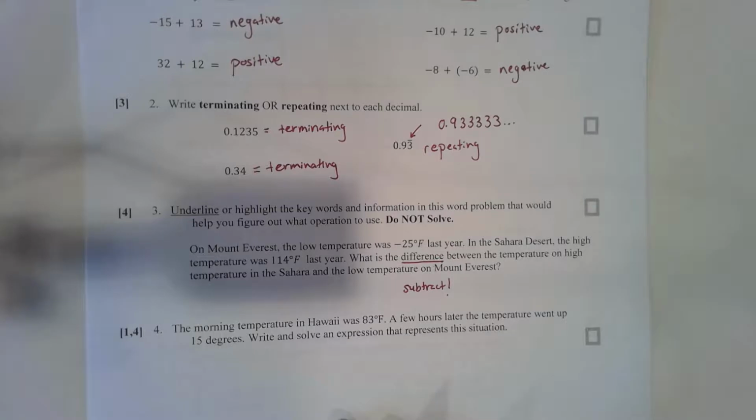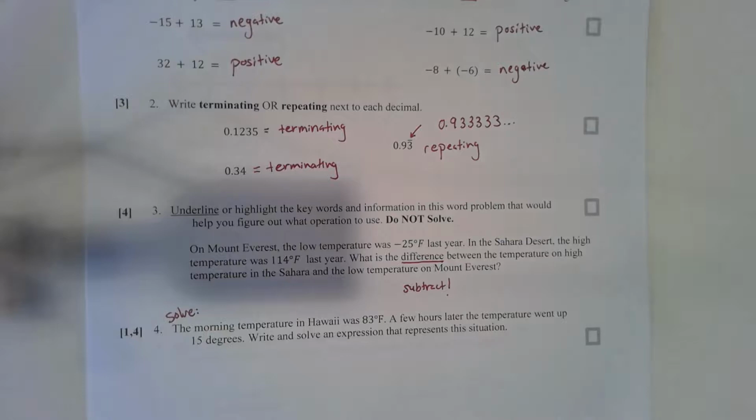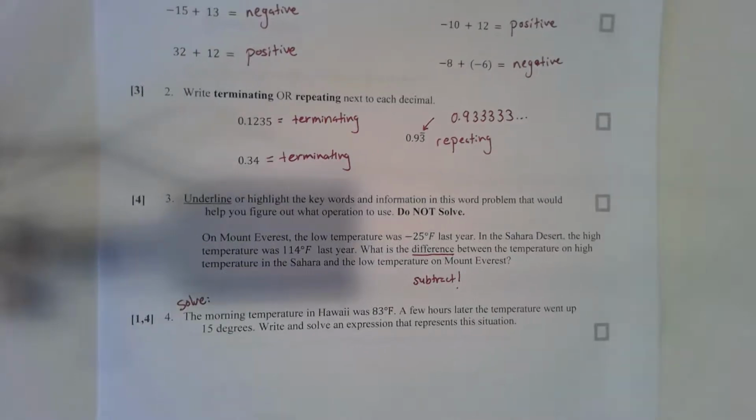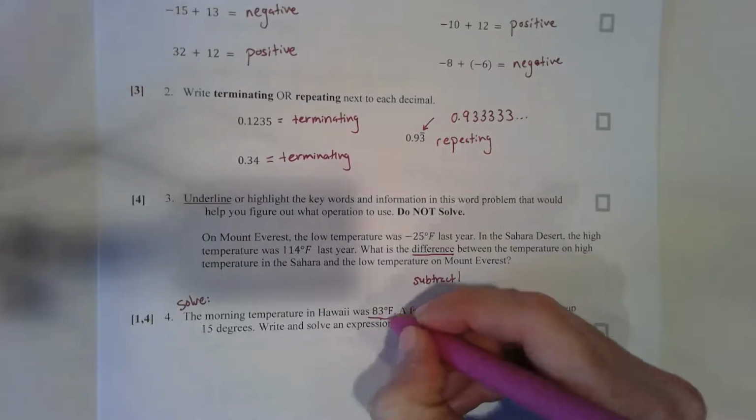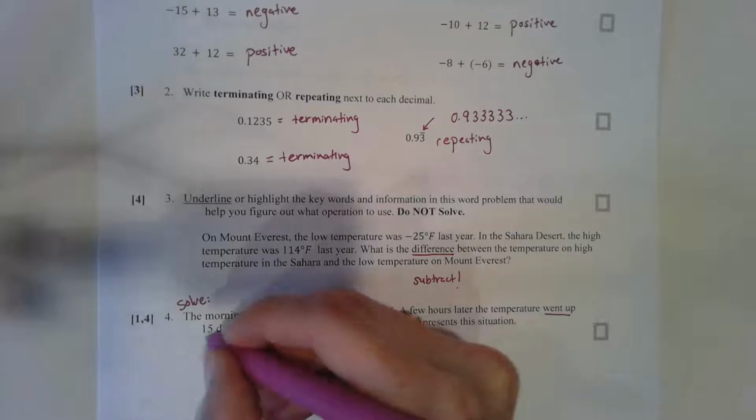Cool. Next one. This is actually, you have to actually solve this one. I should write solve on it. If you didn't and you thought it was just underlining, then go back and solve it. The morning temperature in Hawaii was 83 degrees Fahrenheit. A few hours later, the temperature went up 15 degrees. Write and solve an expression that represents this situation. So it was 83 degrees Fahrenheit, then it went up 15 degrees.